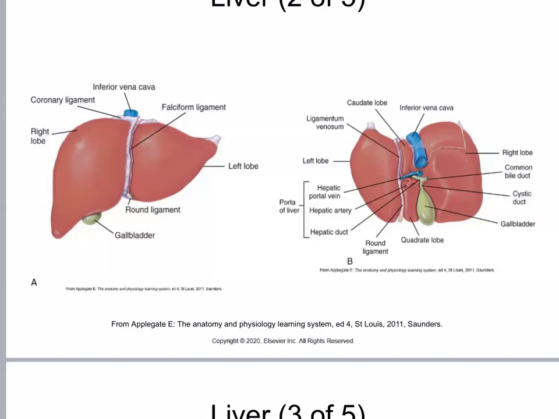So we have a right and left lobe plus what's called a quadrate and a caudate. And we have a large surface area for the metabolic tasks that have to take place. The lobules are functional units of the liver, and they're made of hepatocytes. And this is where nutrients are processed and bile is made.